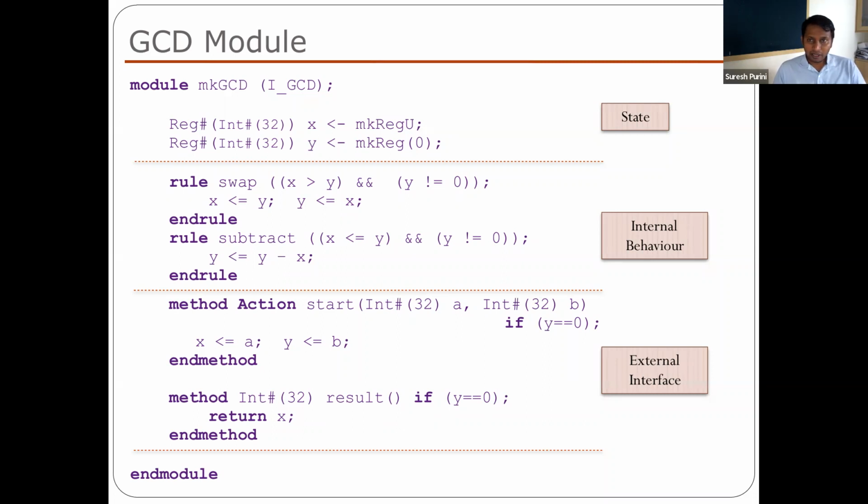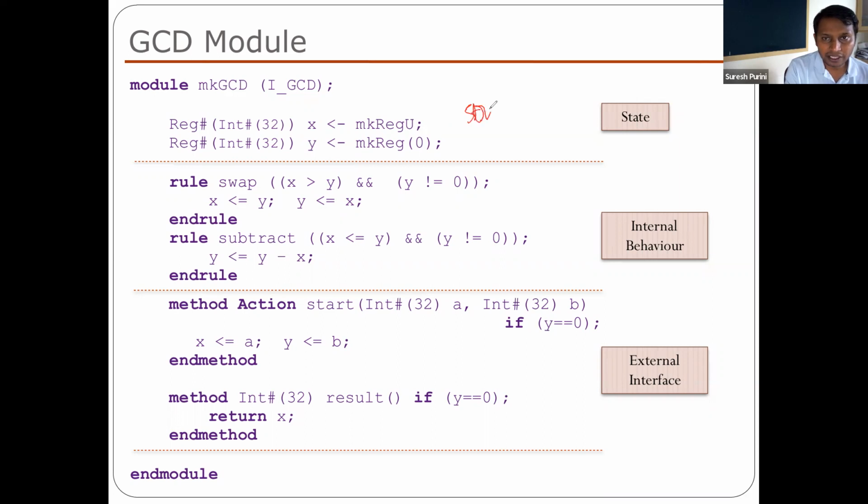When we looked at the state, an important thing we discussed is that this is a register. Here we are creating a register of length 32 bits, and this register holds data of type integer. The hardware doesn't know that it holds data of type integer, but the compiler knows.